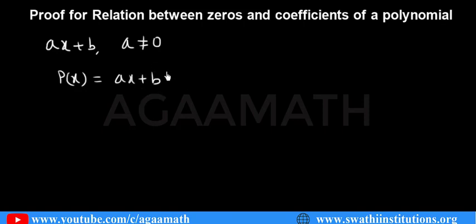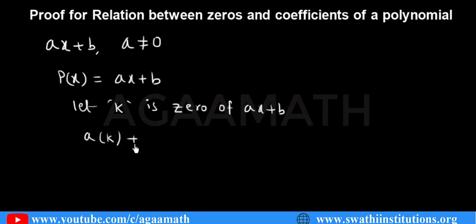And for this linear polynomial, let k be a zero of this given polynomial. k is a zero of ax plus b. It means in the place of variable x, if you substitute k, that should be equal to 0, right? So a of k plus b equals 0.